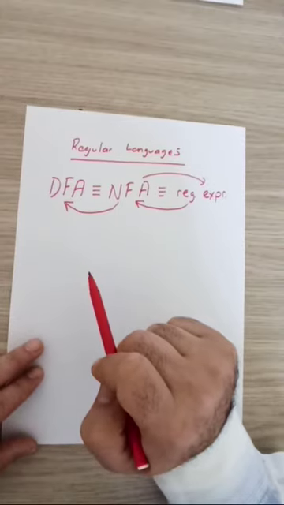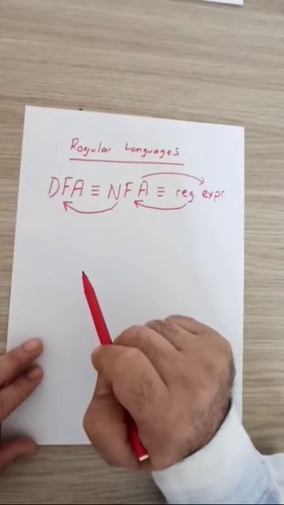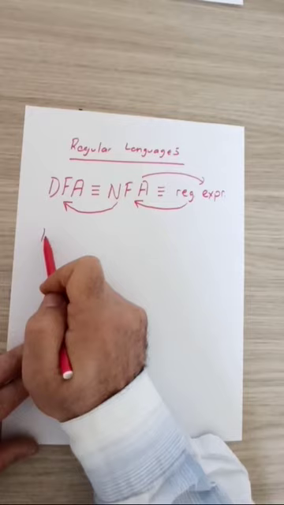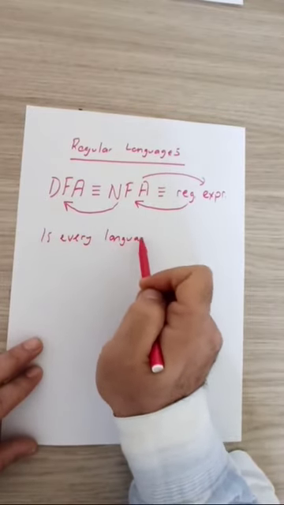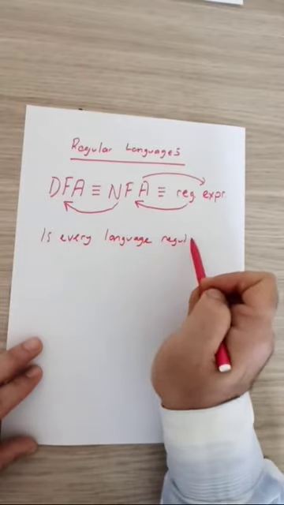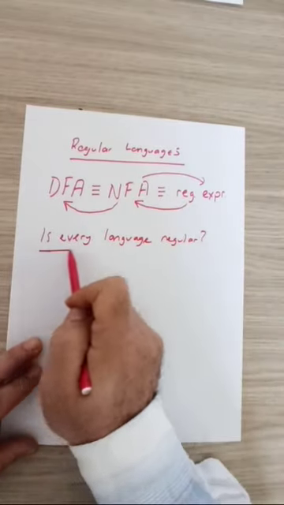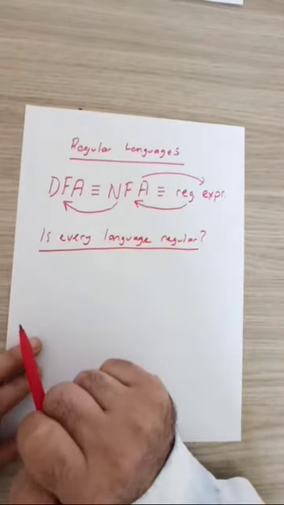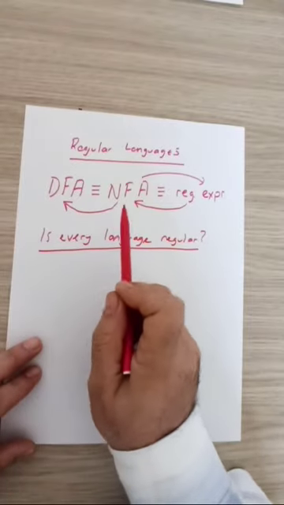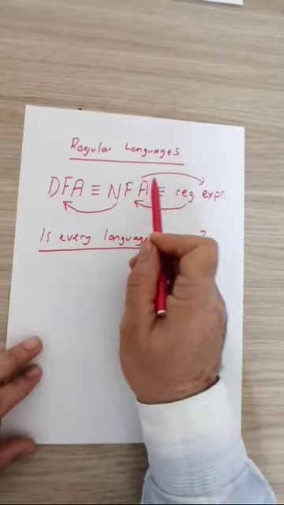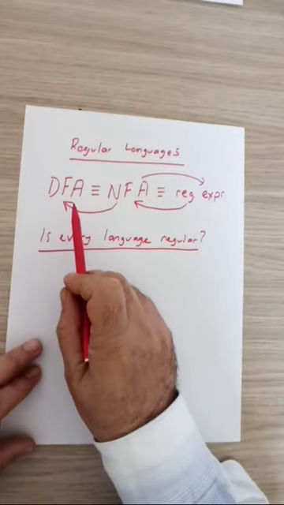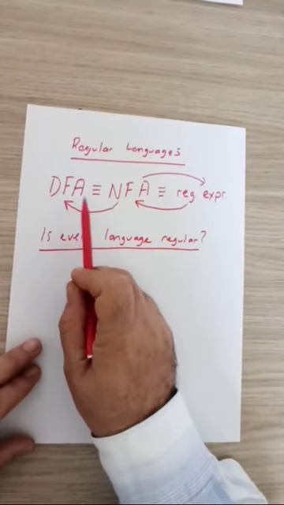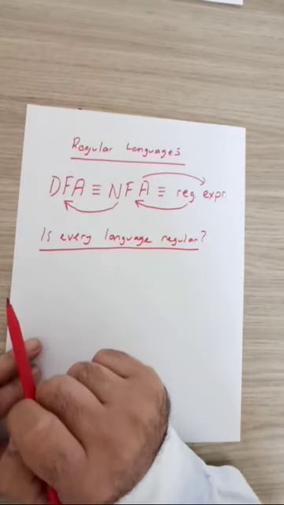Okay, so the next natural question that comes up is: is every language regular? By considering this question, we will be thinking of the limitations of these computational models. So let's go with the definition of the finite automata, either DFA or NFA.